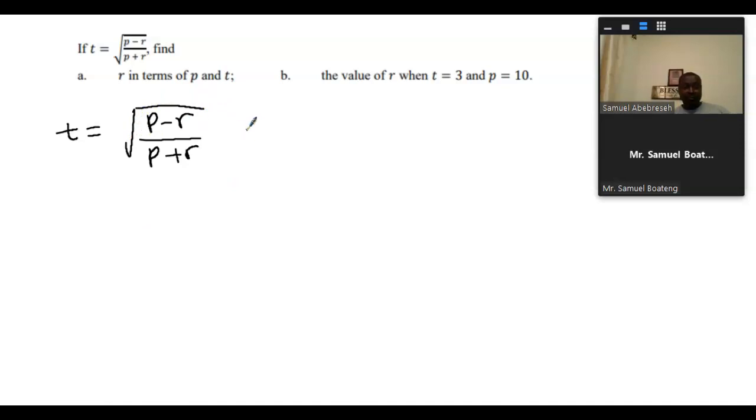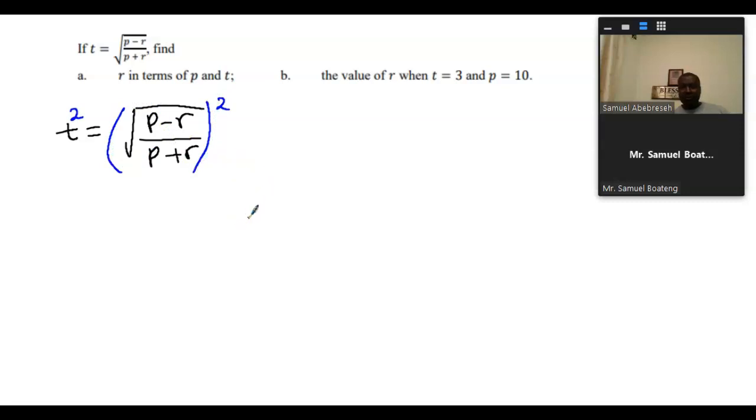So to do that, let's square both sides. Remember, we are squaring both sides. So whatever you do on the right-hand side, you do the same thing on the left-hand side.